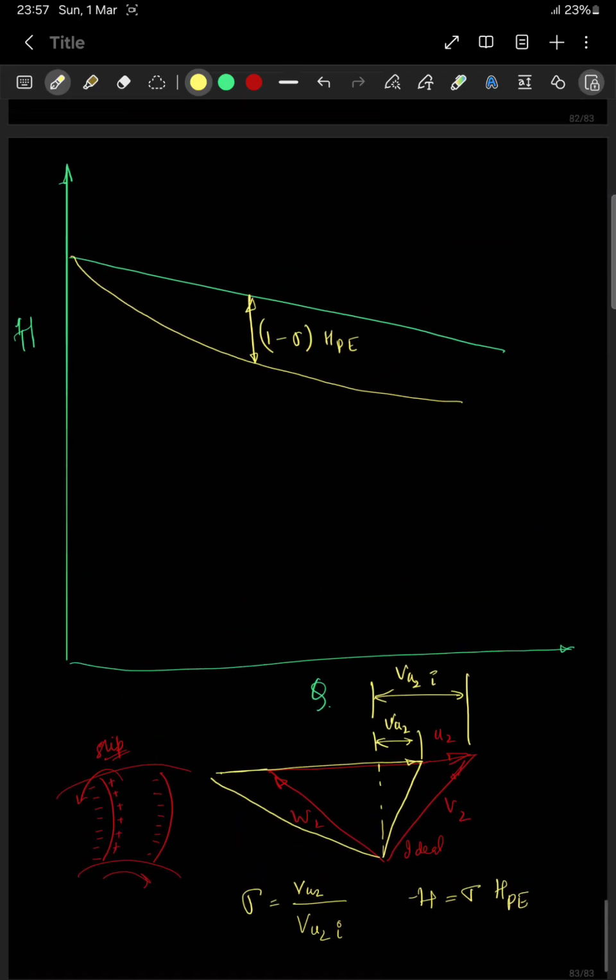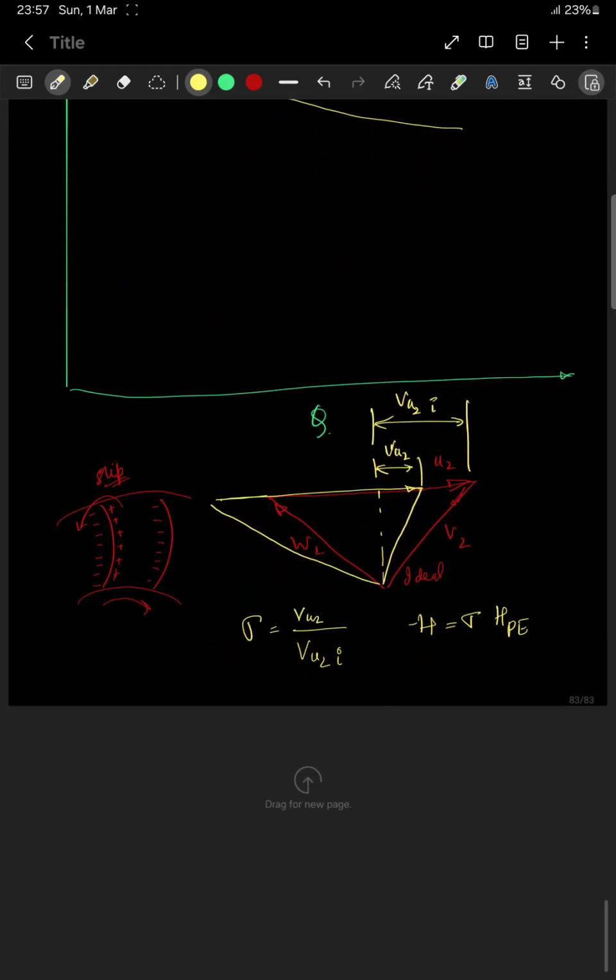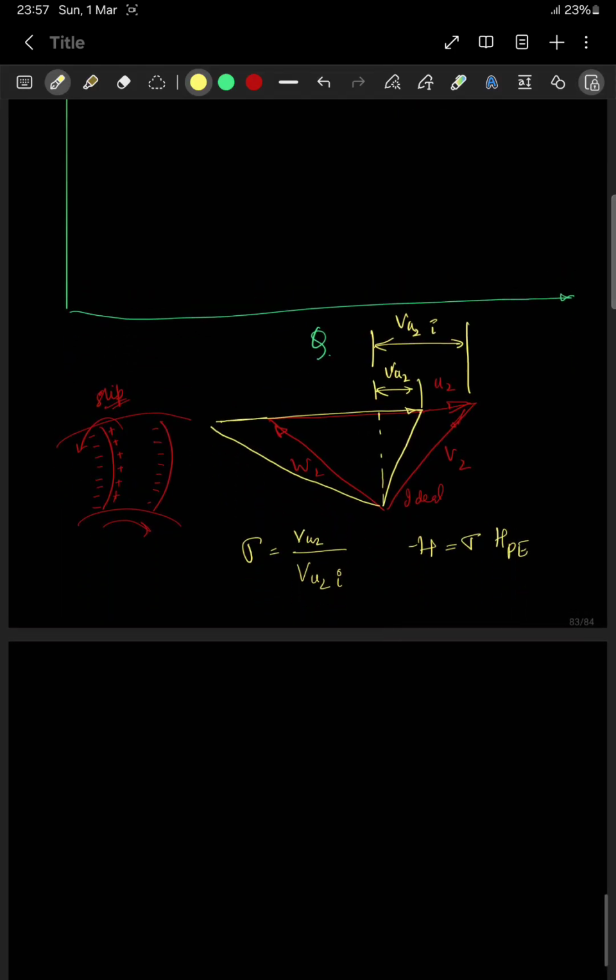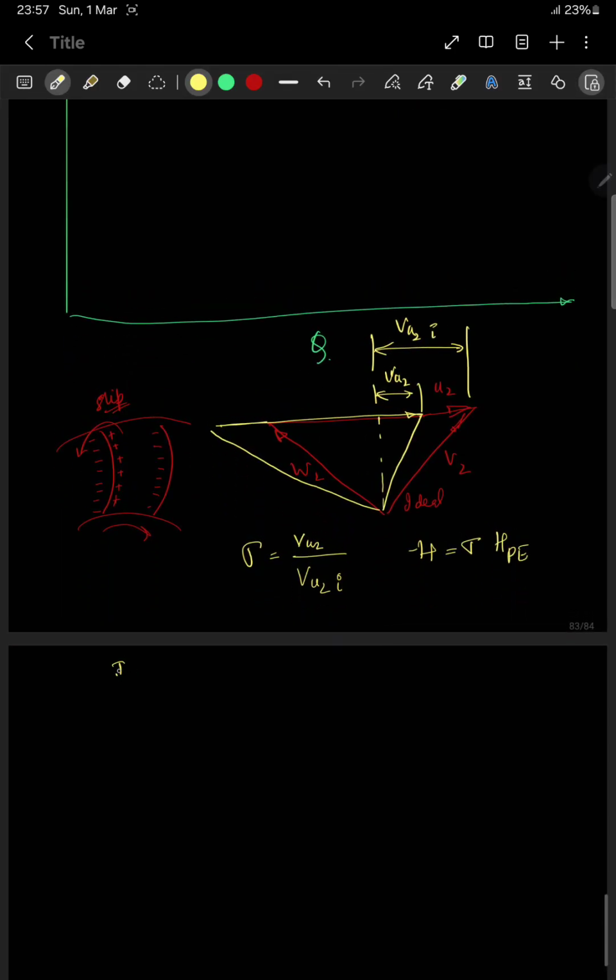We also know that there are losses. Over here we will talk about two losses. One is shock loss. If the fluid enters, or this is W2, W1, obliquely to the direction of the blade, there is shock loss.